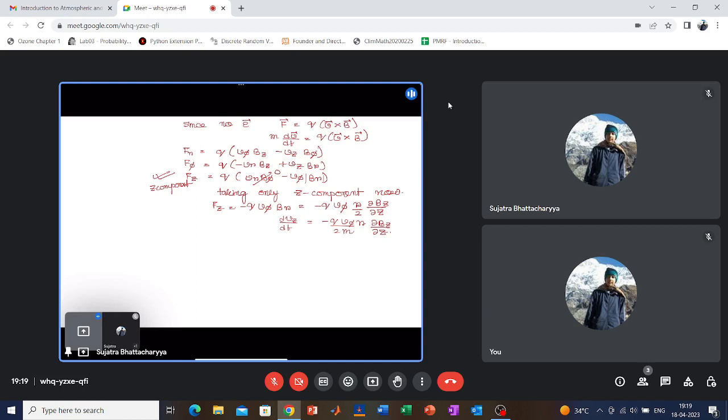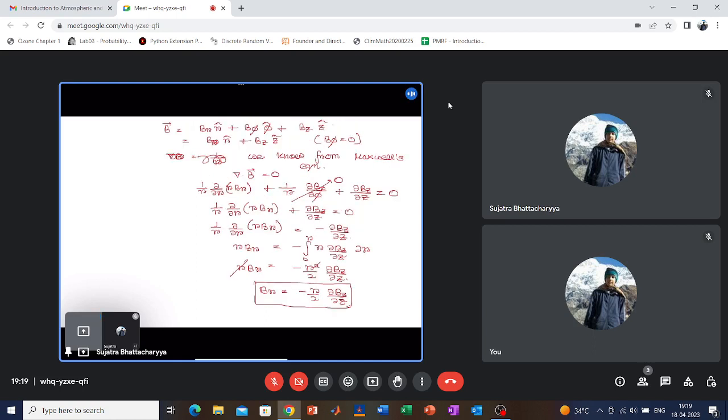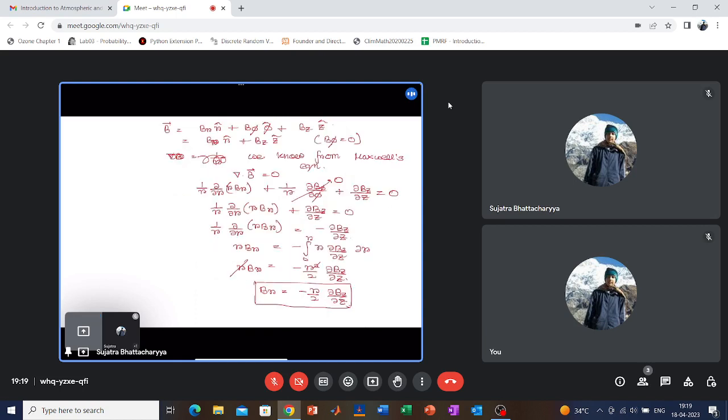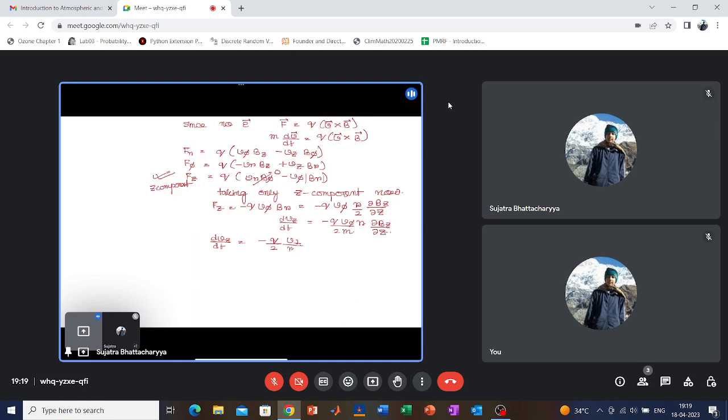Now, dvz dt is nothing but minus q by 2. v phi is nothing but v perpendicular, because the magnetic field is in this direction and phi direction is like this. So this will be v perpendicular by m rl and delta bz by delta z.